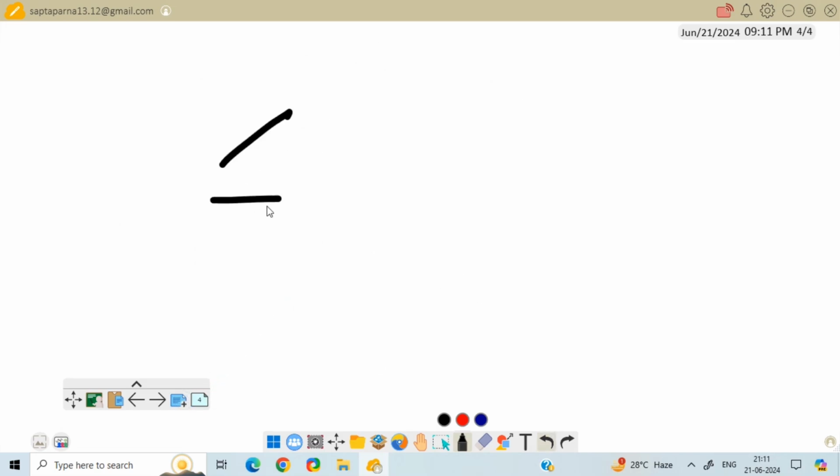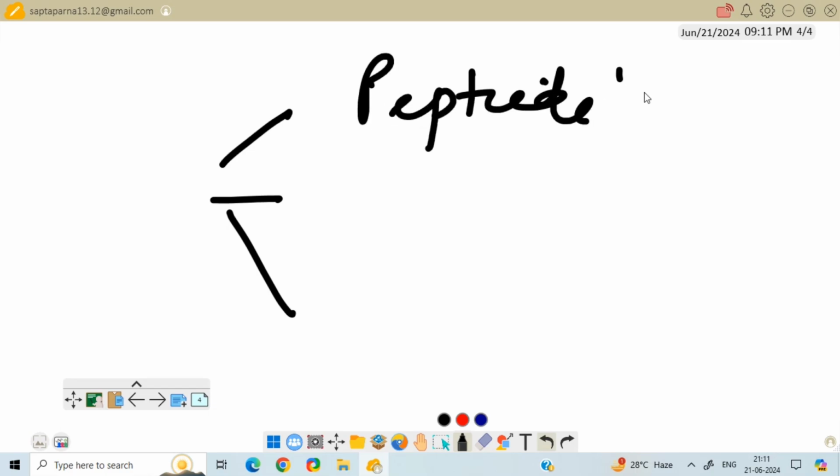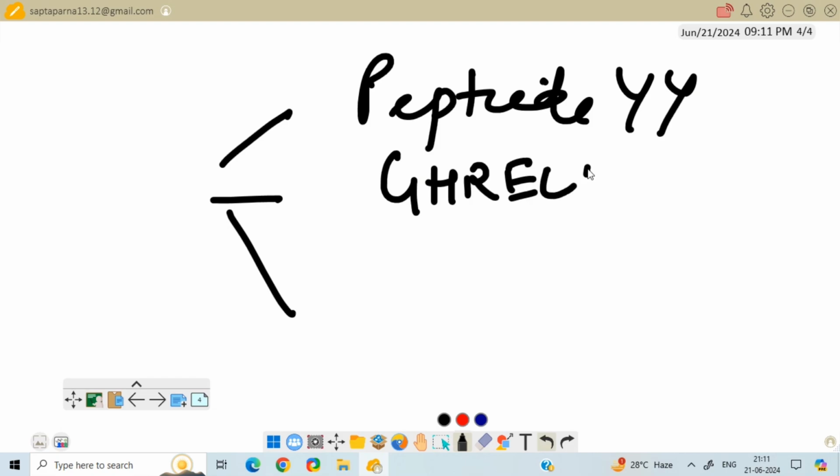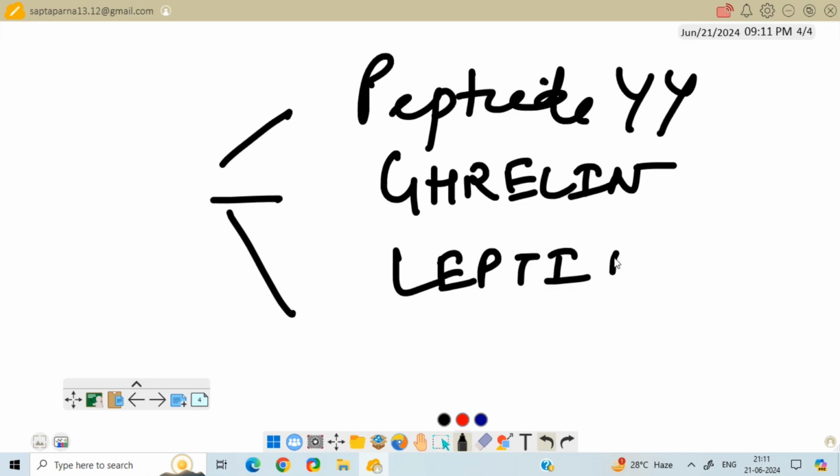Next, the newer implications are that it also can be due to peptide YY, ghrelin, and leptin. So these are the various causes of nausea and vomiting in pregnancy.